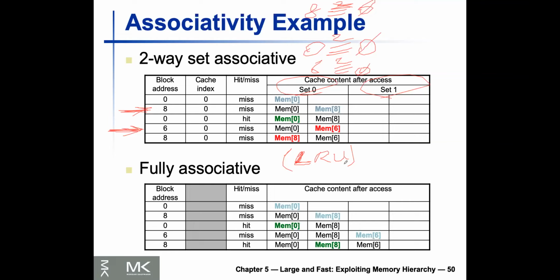We can update it with more recent instructions that are coming to the cache. So we can update those that haven't been used recently. So the least recently used policy is gonna update this one on top of 8. Okay.